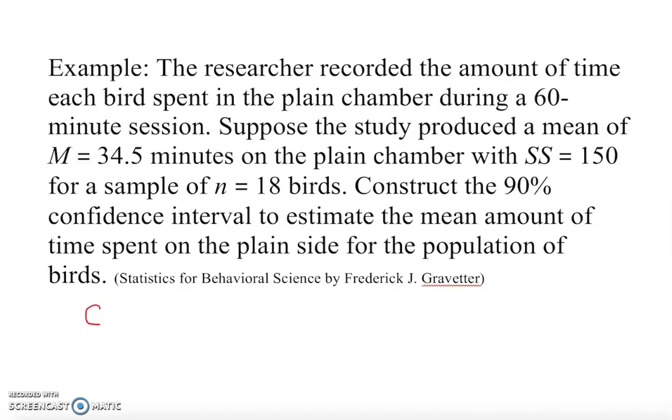CI, for confidence interval, is equal to the sample mean plus and minus the critical value times the standard error of the mean. Some books have the sample mean as x bar.